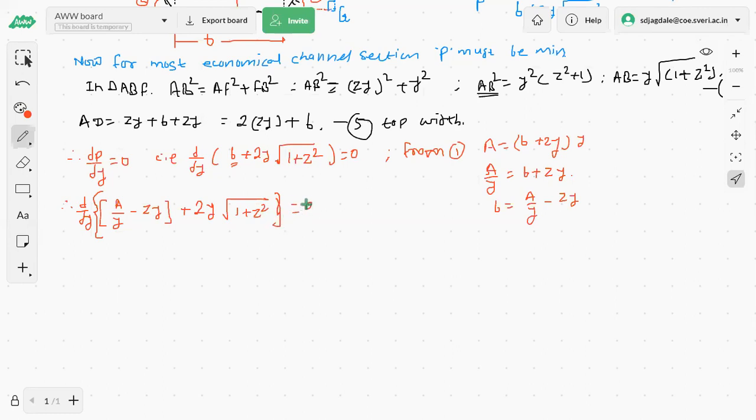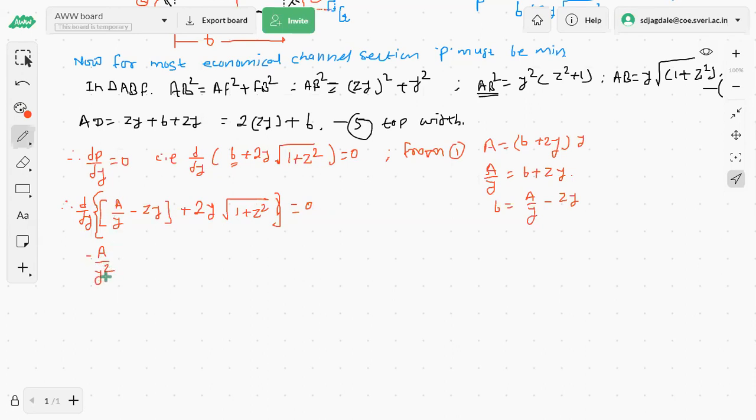Now go for the differentiation. Shall we go directly, or do you want one more step here? Direct. Okay, so tell me the differentiation of A by y. Minus A y raised to minus 2, or I would like to write it as minus A upon y square.